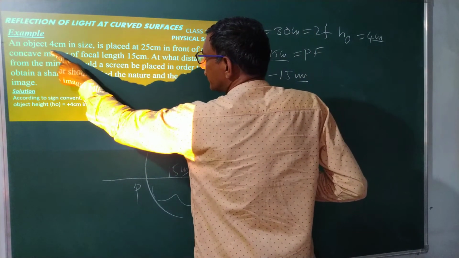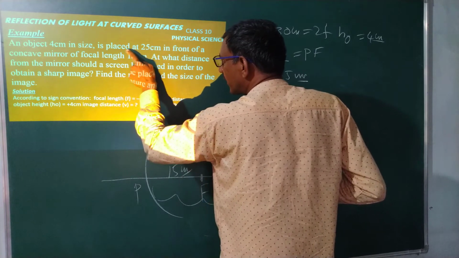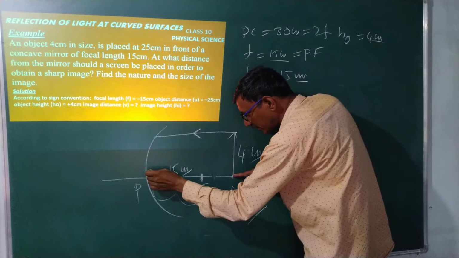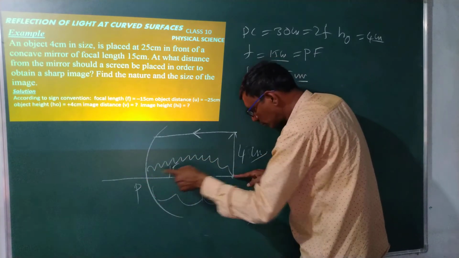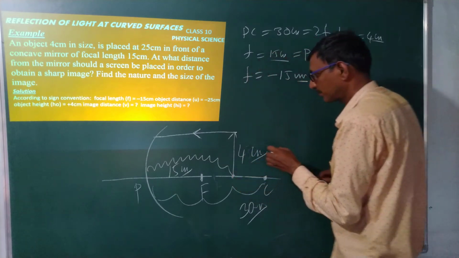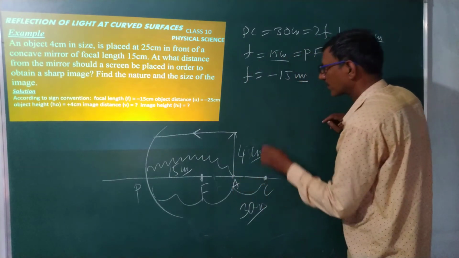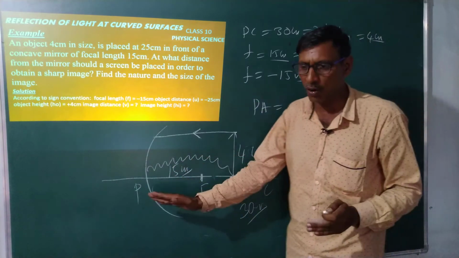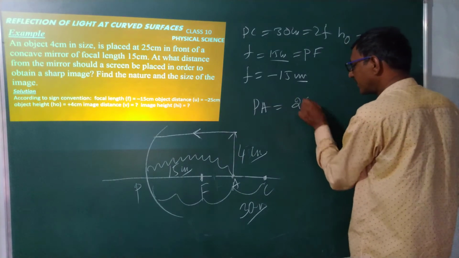Now, an object 4 centimeters in size is placed at 25 centimeters. That means the distance from the pole to the object, suppose this is some A. PA is the distance between object and the pole, and PA is given as 25 centimeters.